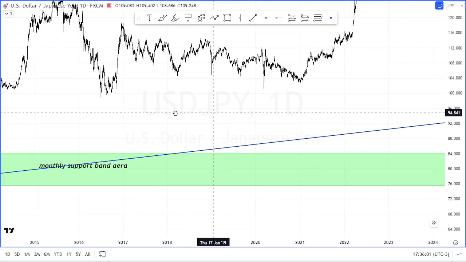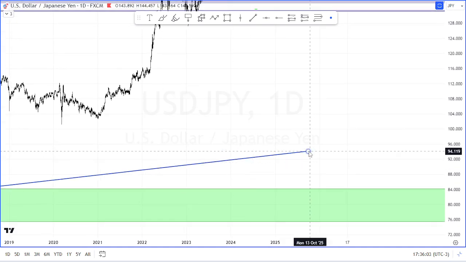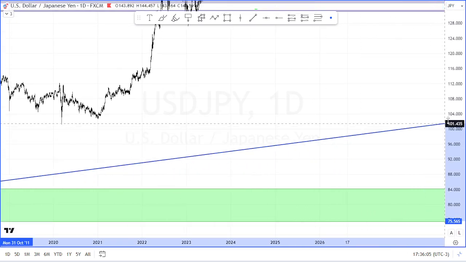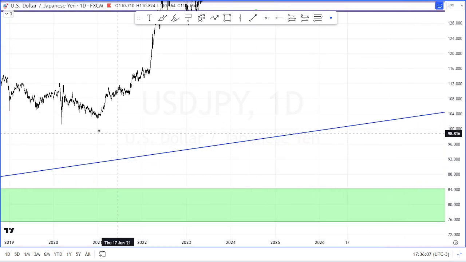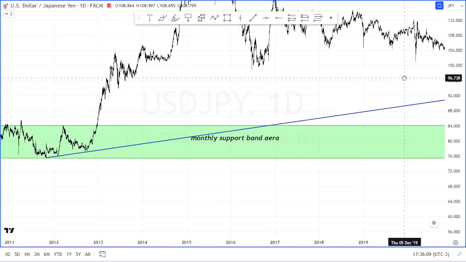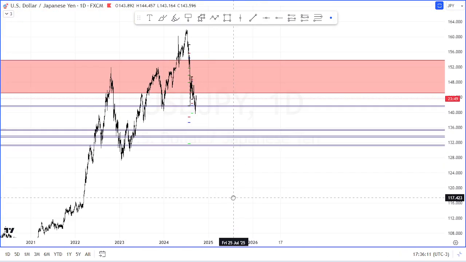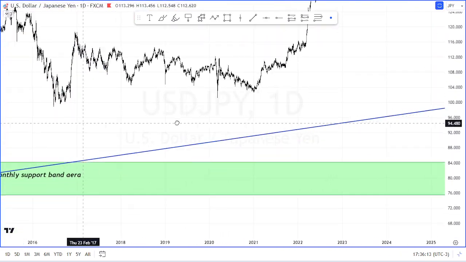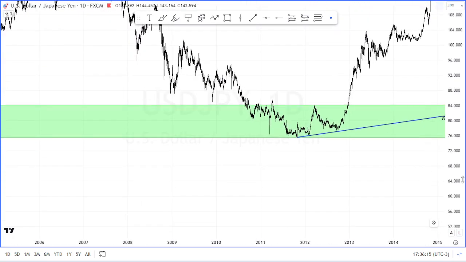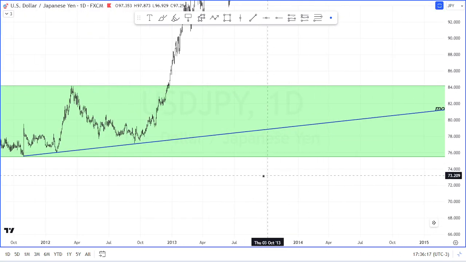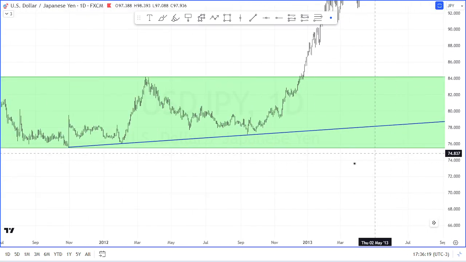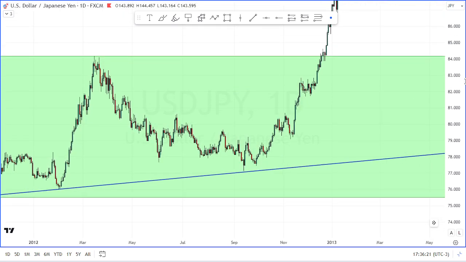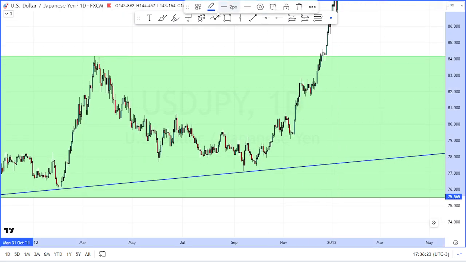I hope I'm not breaking body candles. I'm going to check. All right, I'm not breaking body candles. Let's leave it like that. So that's the long trend line right there.